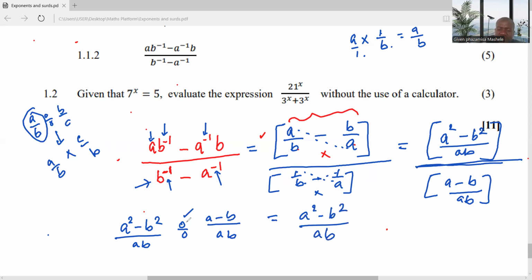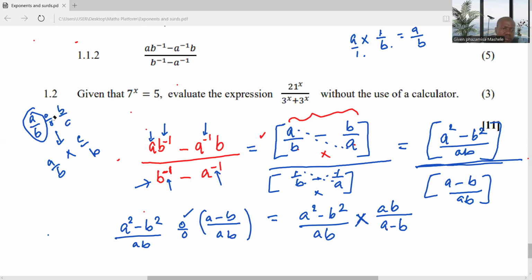So this is the same as a squared minus b squared over ab. Now I can change division to multiplication, and to do that I have to make the reciprocal of this. This will be ab over a minus b. Whenever there is a multiplication, we are allowed to divide terms that are the same.